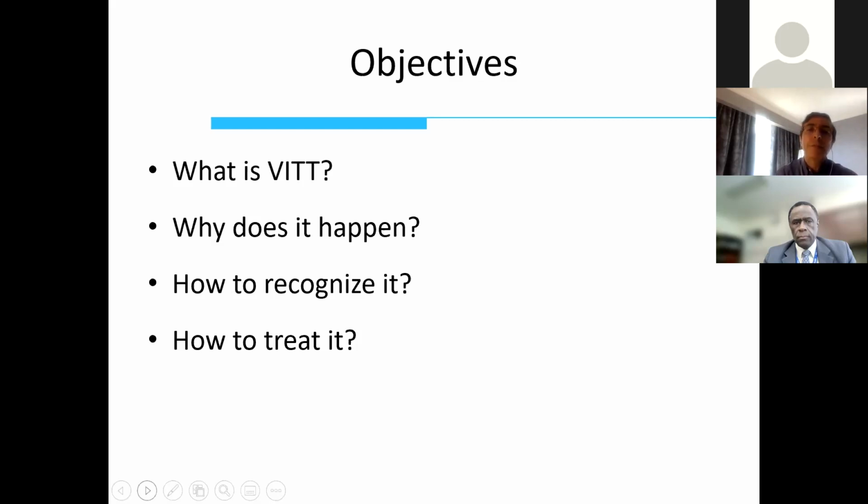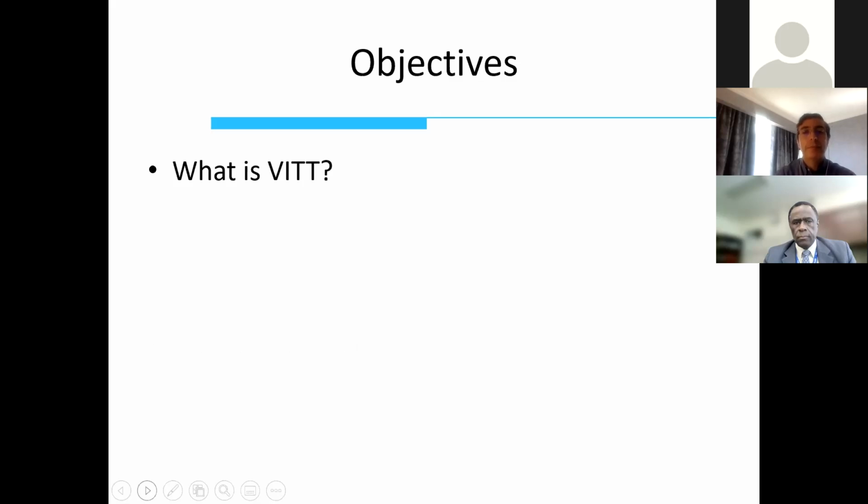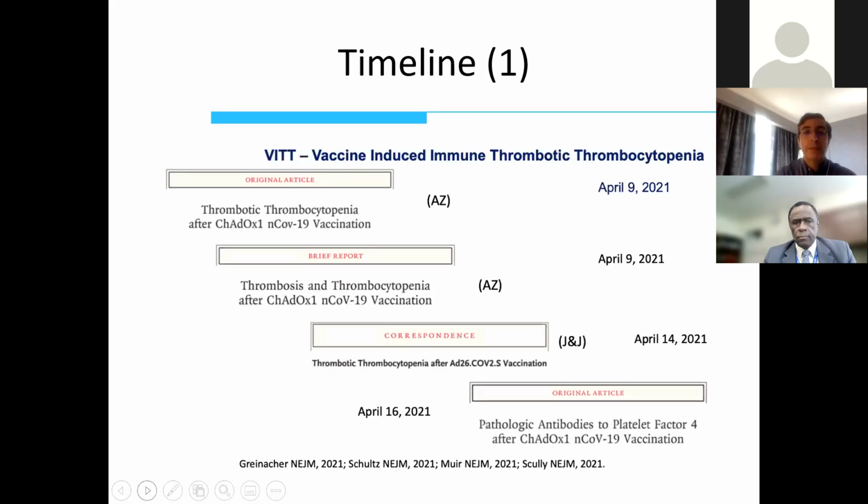The main objectives now that we have around half an hour left will be to review what VITT is, why it happens, how to recognize it, and how to treat it.